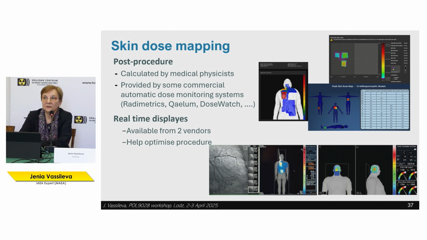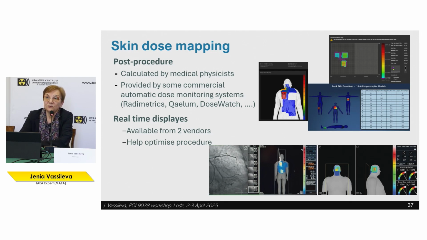So most of the modern dose monitoring systems have such a module that provides post-procedure calculation of skin dose, and you can see if there is a risk of skin injury and act upon this, informing the patient or being careful for potential development of any skin reaction.